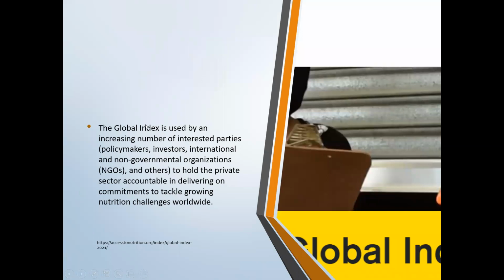The index is used by an increasing number of interested parties, like policymakers, investors, international NGOs, to hold the private sector accountable in delivering commitments to tackle growing nutritional challenges around the world. It is a type of public-private partnership, assessing the quality of the beverages, foods, and other food items sold by the private sector.